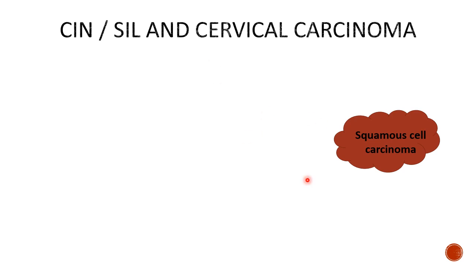The most common type of cervical carcinoma is squamous cell carcinoma. There are other types, but for the purpose of this lecture, we're going to focus on squamous cell carcinoma. This is preceded by a pre-invasive dysplastic state called CIN or SIL.